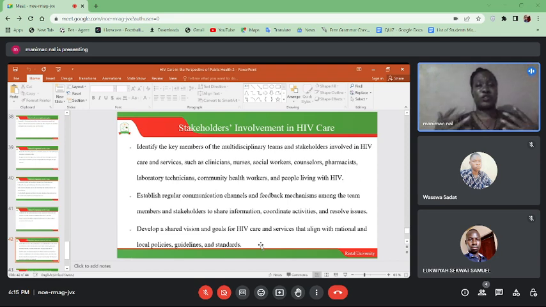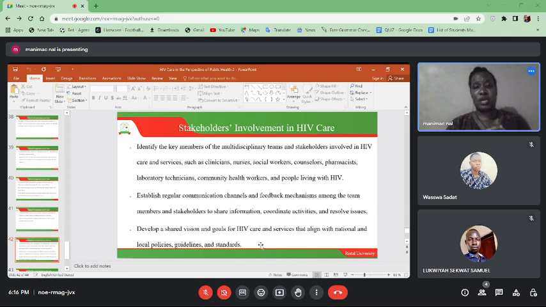Also, you need to get other stakeholders involved in this HIV care, such as social workers, clinicians, counselors, pharmacists, laboratory technicians, and public health specialists. All those stakeholders are very important to be involved with people who are HIV positive.